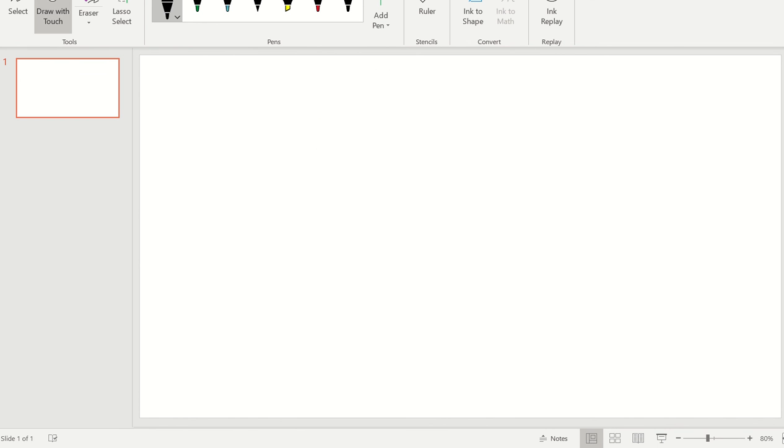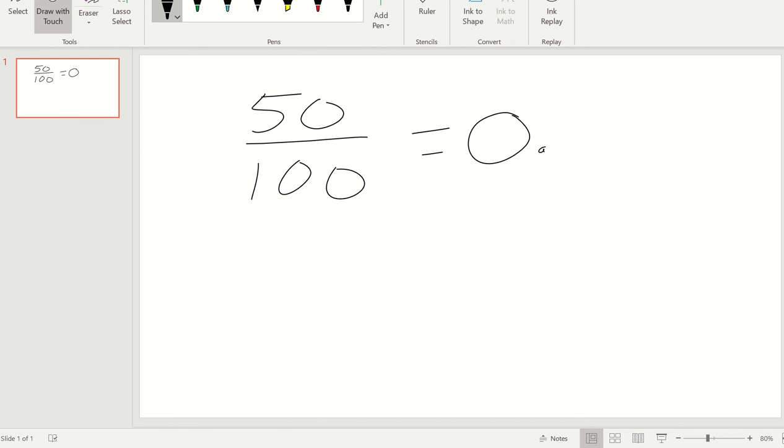Also, another reminder is that 50/100, we would write that as, there's no whole number, so 0. Well, it wouldn't be 0.5 because that's 5/100. It would be 0.50, and we know it's hundredths because there are 2 digits available.